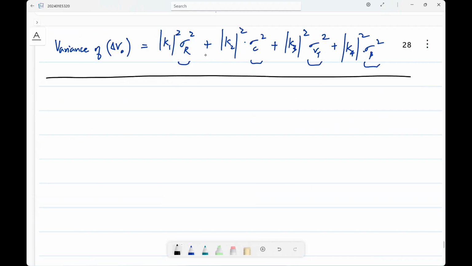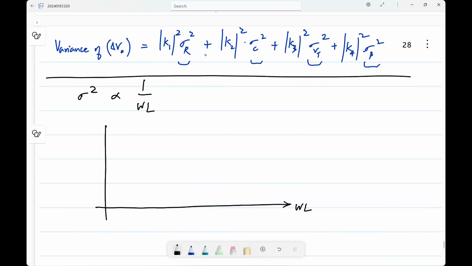So now we saw that sigma square of anything is inversely proportional to the area. Let me just show it as it fits for a resistor, but for everything it follows the same.